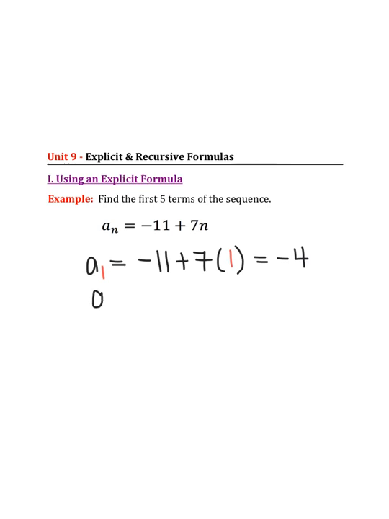And then a sub 2 is equal to negative 11 plus 7, and put a 2 in there. So negative 11 plus 14 is going to be a positive 3.